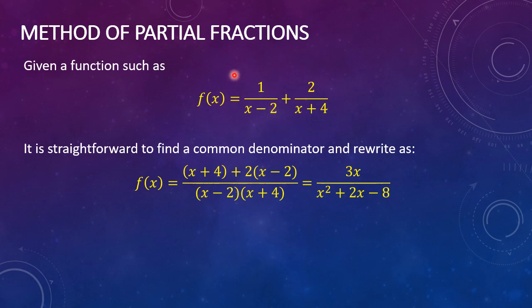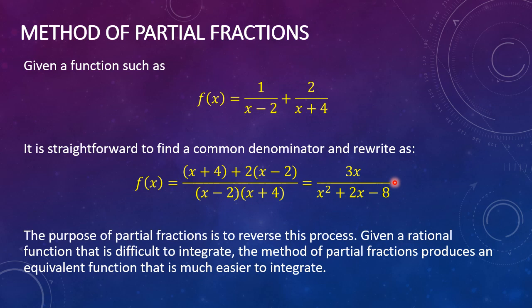So we're multiplying this first term, 1 over x minus 2, by the quantity x plus 4 over x plus 4, and that gives us the first term in the numerator in the middle equation that we see. 2 over x plus 4 is missing the factor x minus 2, so we multiply numerator and denominator by x minus 2, which is actually a factor of 1, so we're not changing the value of this term, which gives us the second term in the numerator, 2 times x minus 2, the missing term, and then we can combine them into one fraction, which is kind of done here already, and then simplify.